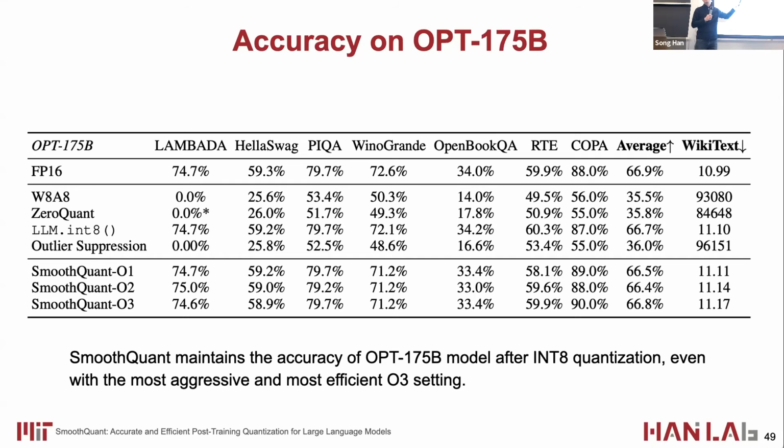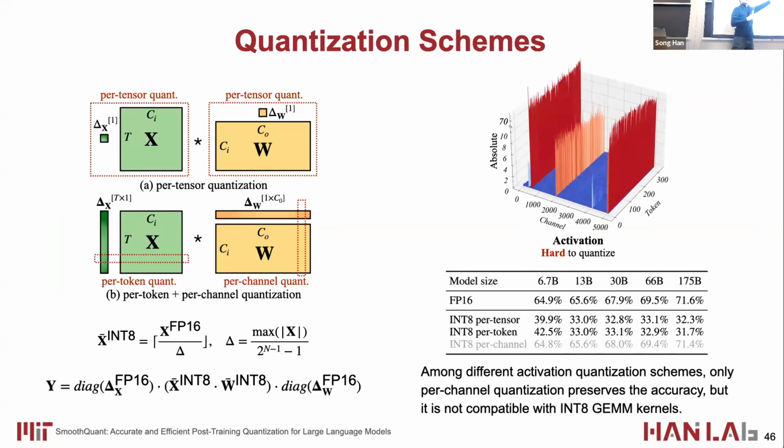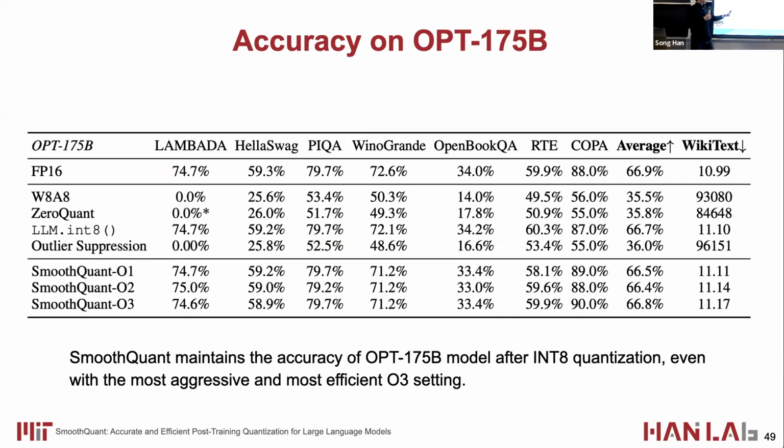The model is so big, there are a lot of outliers, as you can see in the previous figure. Lots of outliers, very difficult to quantize. If you quantize to 8-bit, this might occupy the whole dynamic range. Everything else will be dwarfed. They are not visible, so the naive quantization doesn't work.